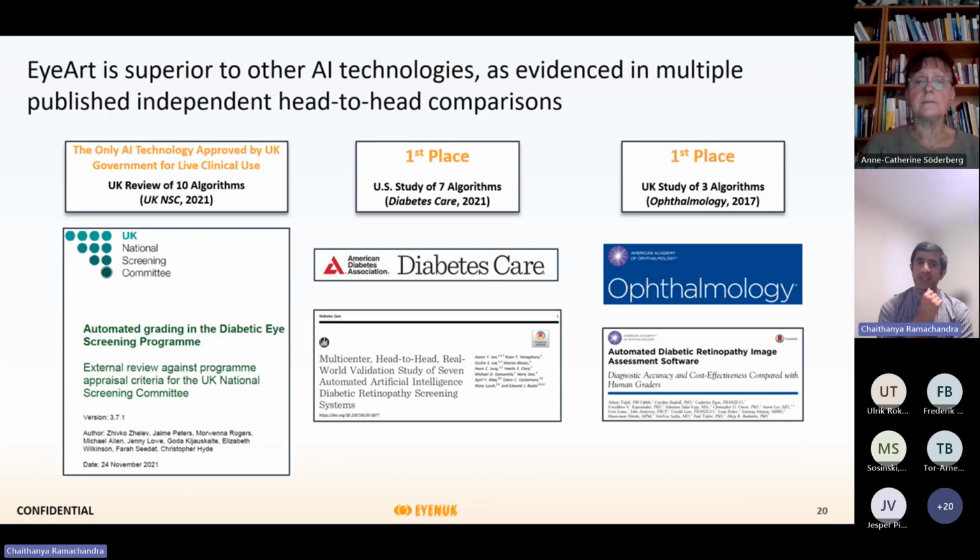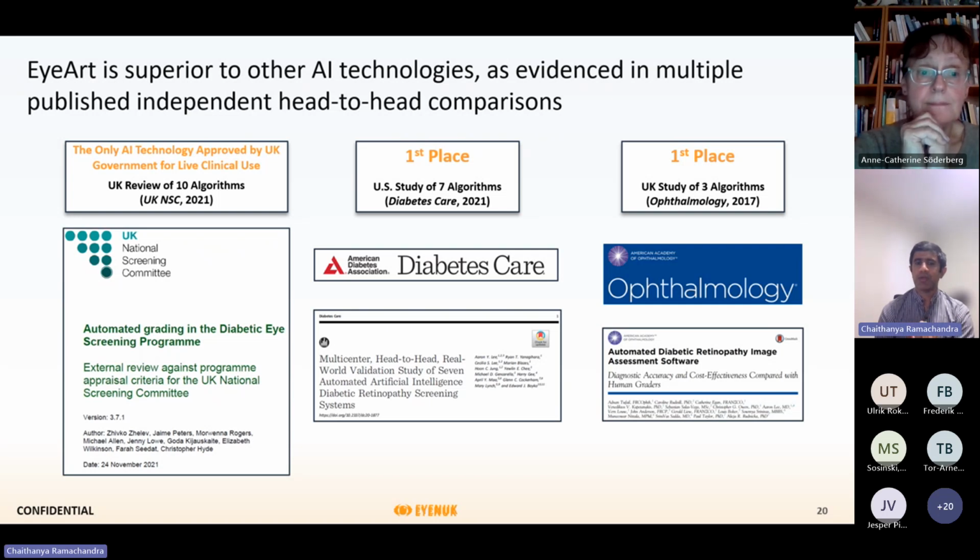We have been compared against other AI technologies. This has been published across multiple independent studies. There was a health technology assessment that was done by the UK National Screening Committee, where IART was the only AI technology that's been approved by the UK government for live clinical use.